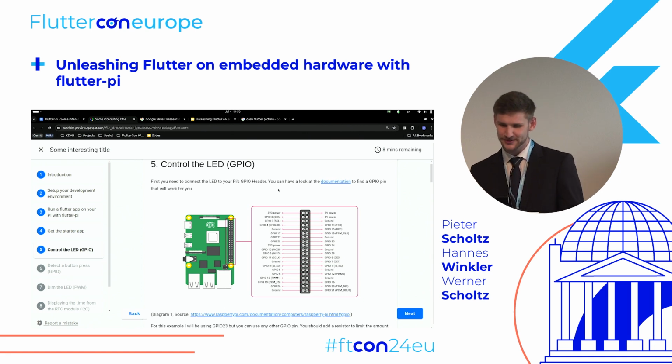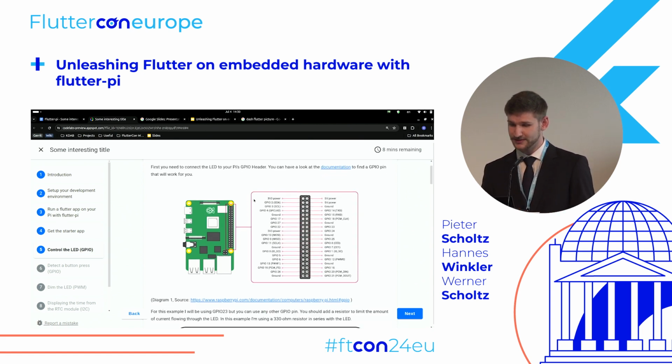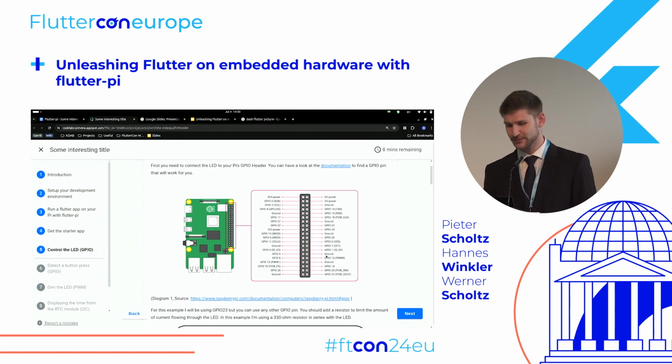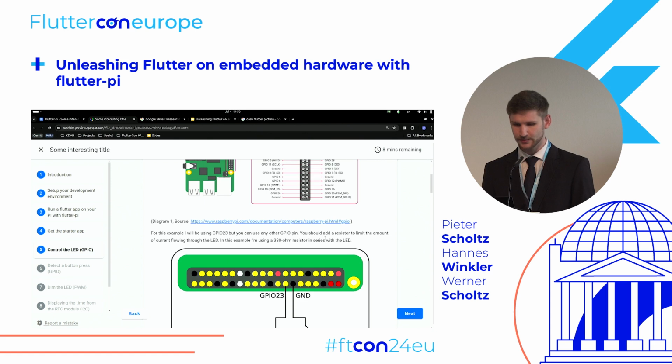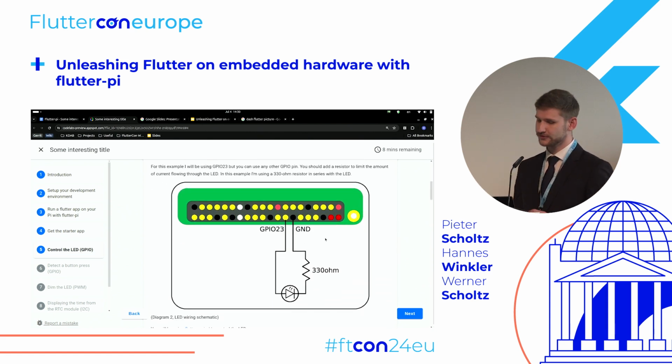Okay, so first off, the Raspberry Pi has a header on it. It's basically the GPIO header, and it has a bunch of GPIO pins, some of which can do other things as well, which we'll get to later. But for now, we're going to just turn an LED on and off.